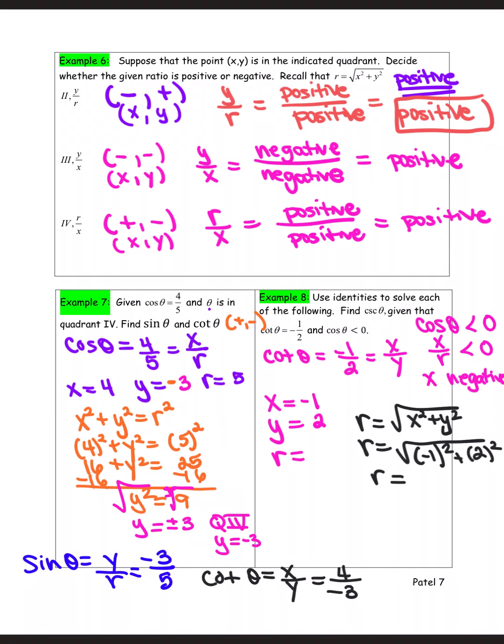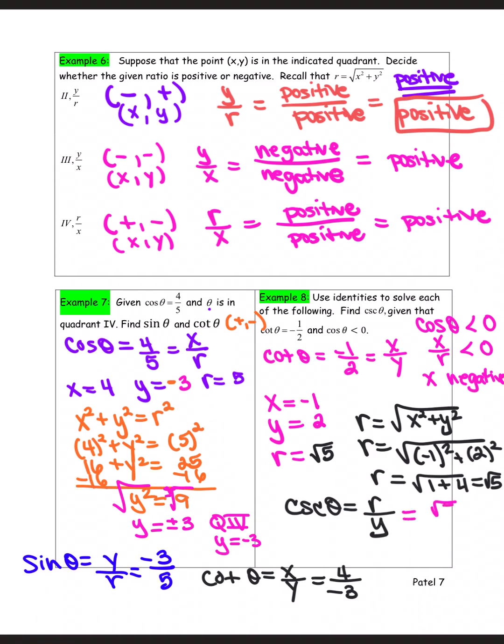R is equal to negative 1 squared is 1 plus 2 squared is 4. So r is equal to square root of 5. Once again, it's always positive. And here we're finding cosecant. So cosecant of theta is equal to r over y.